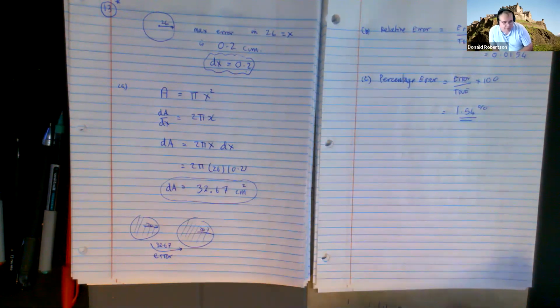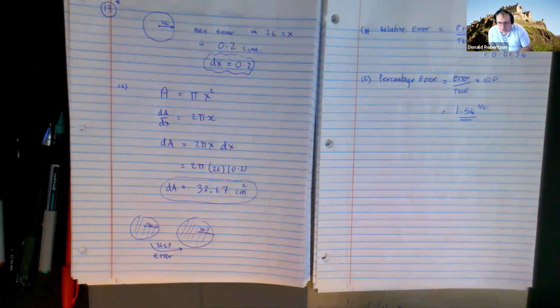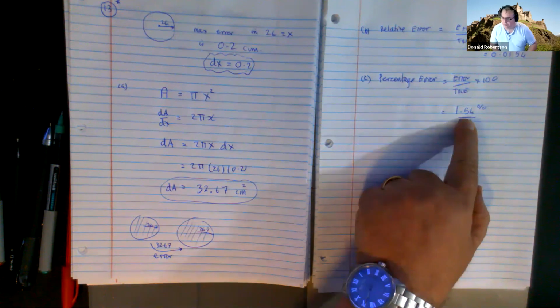You sometimes hear things like tolerance. If you're allowed to be a couple of percent out, then this would be safe. If you say the most you want to be is 0.5% out, then this wouldn't work. This is far too big an error.